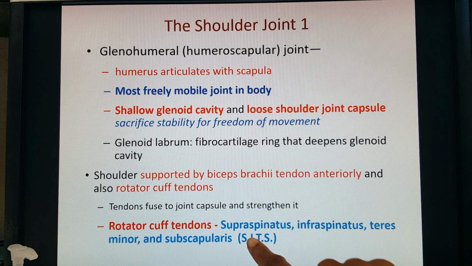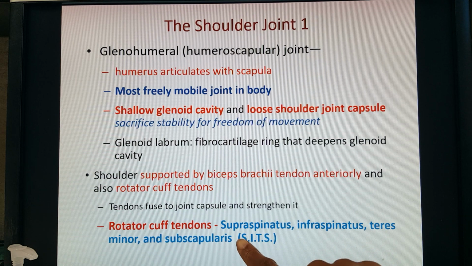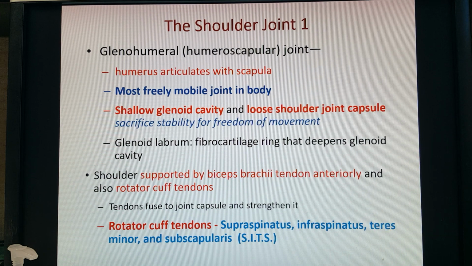You don't have to know the names of these rotator cuff tendons for my class, but I know for your nursing school you do need to know them. An easy way to remember that is SITS, based on the starting letters that make up the front of each word.